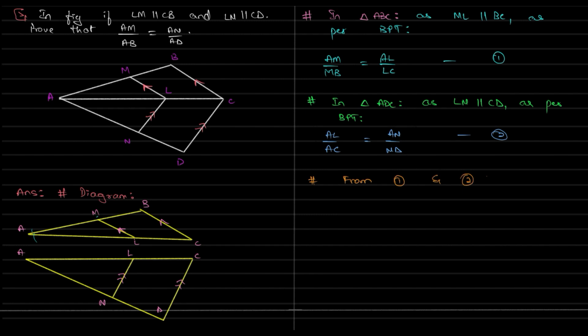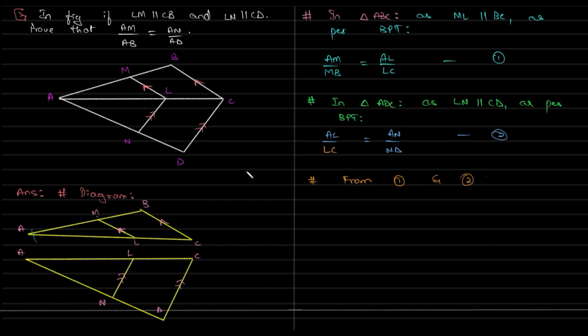Any idea? You can see that AM by MB is equal to AL by LC, and AL by, oh, I wrote it wrong. It should be LC. So this is LC, by the way. AL by LC.